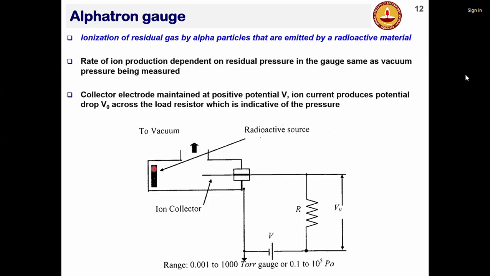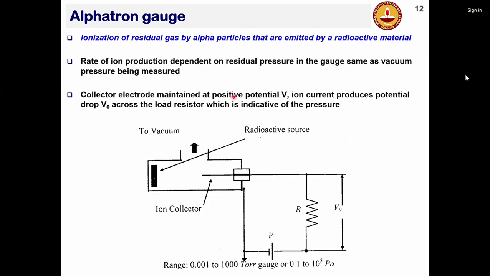As you know, radioactive materials do emit alpha particles. These alpha particles, when they collide with the medium present here, ionize it.